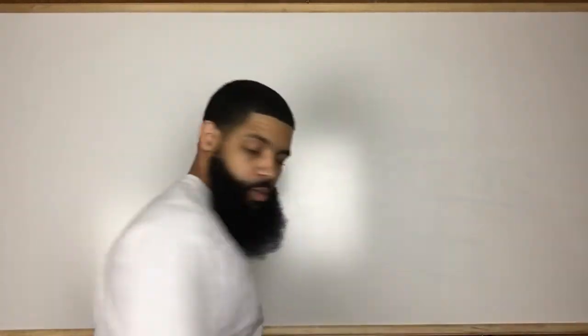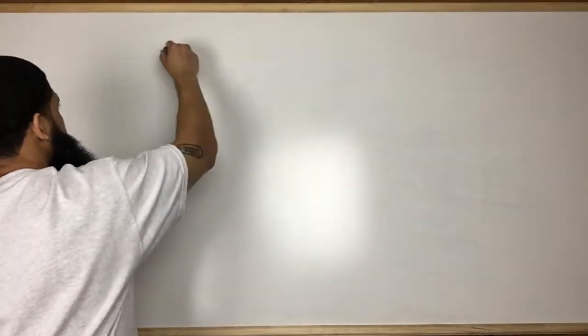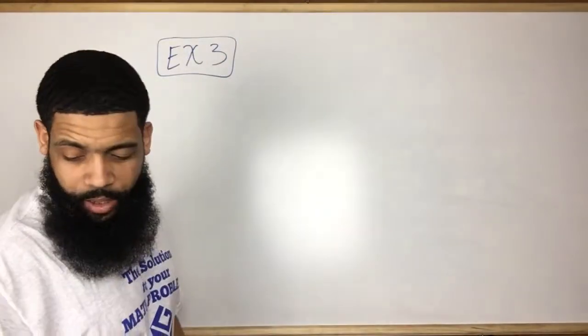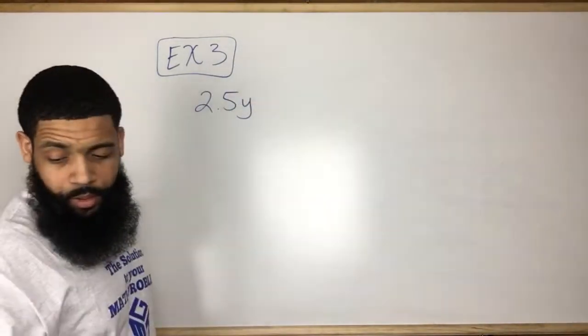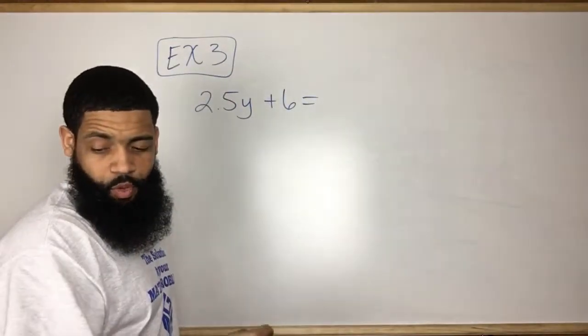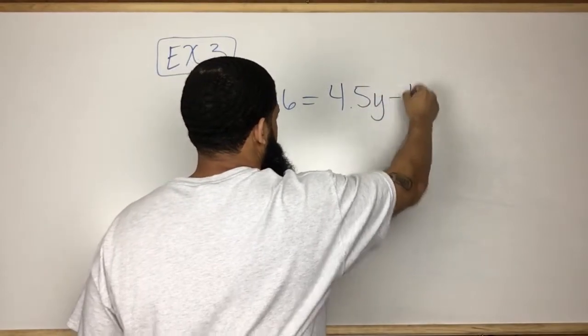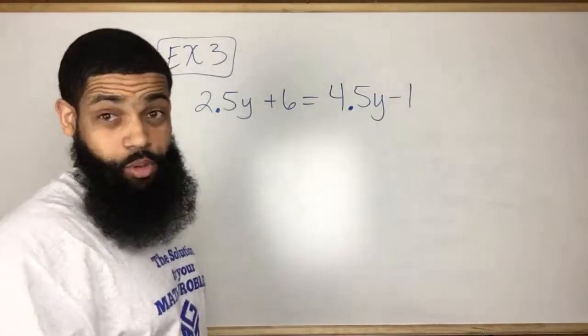Alright, so one more. We'll say example 3. And we have 2.5y plus 6 equals 4.5y minus 1. That's a decimal. Let's make our decimals big so they can be visible.